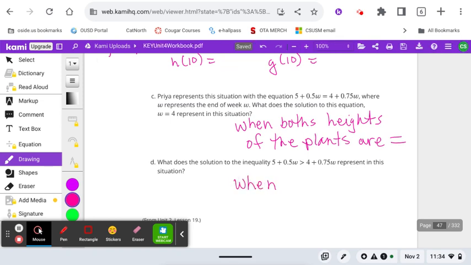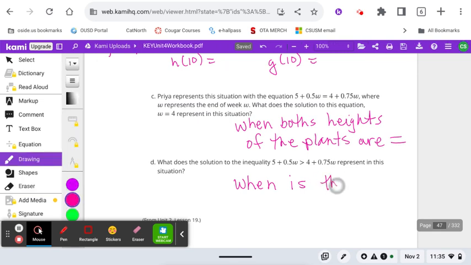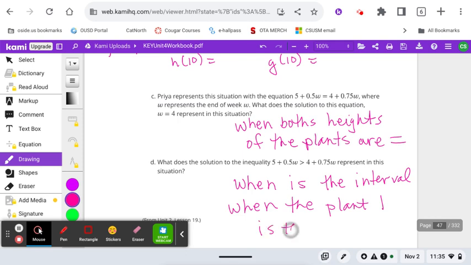When is the interval, that's like a weird new word I just made up. When is the interval when the plant 1 is taller than plant 2?